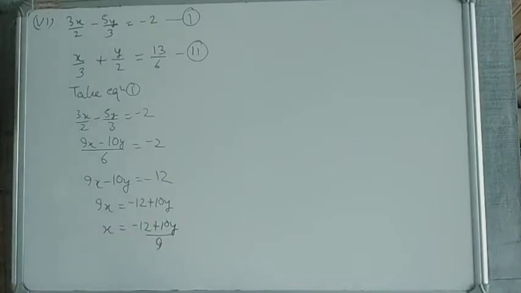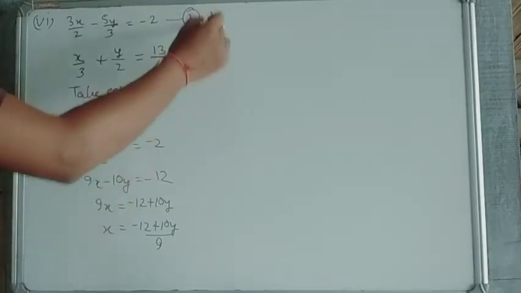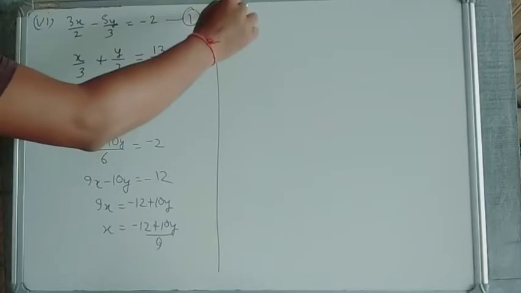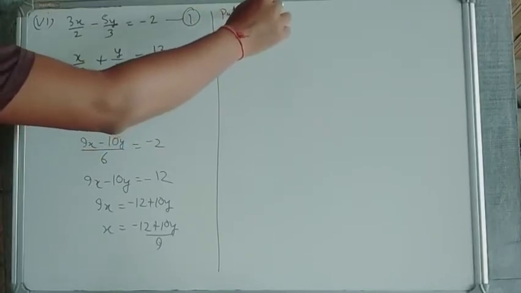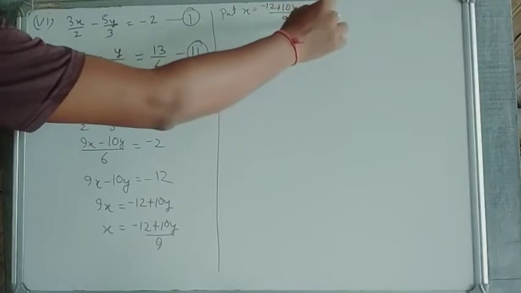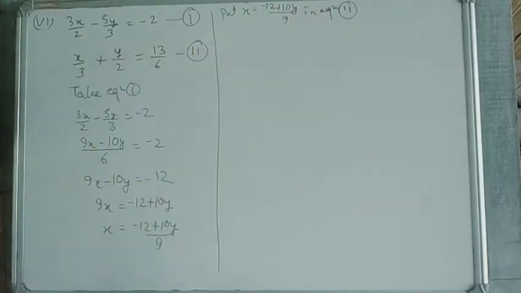So this is the value of x we got from here after simplifying. Now put x equal to minus 12 plus 10y by 9 in equation 2.